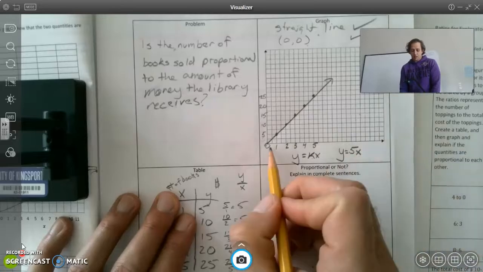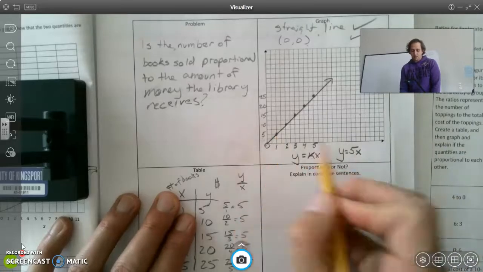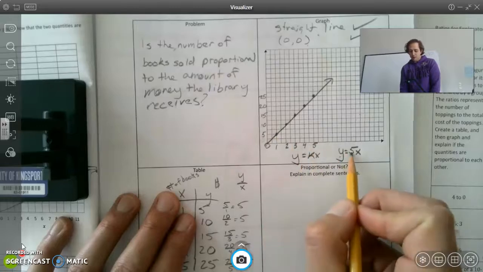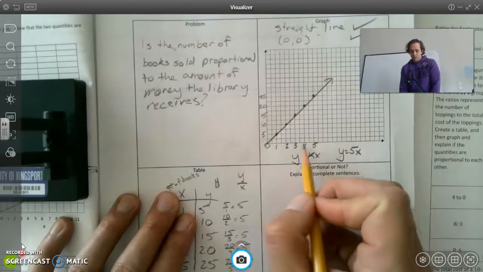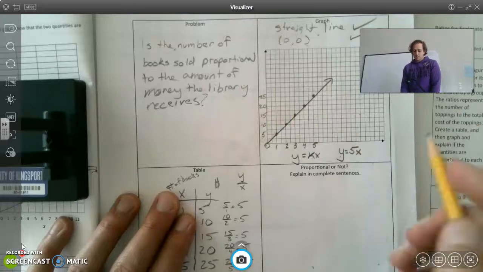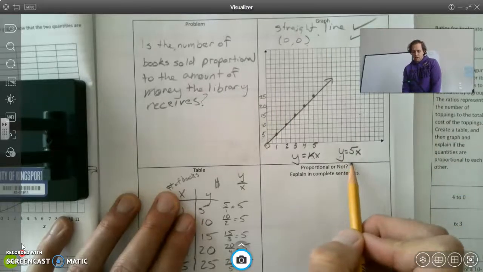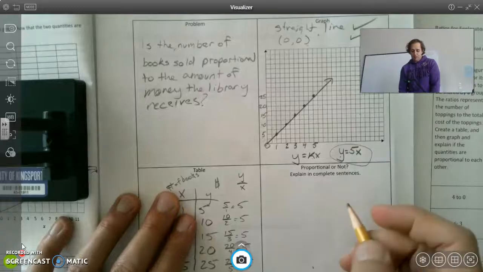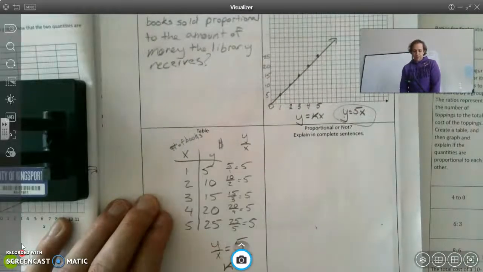And look, if I plug in 1 for x, I get 5. 1 times 5 is 5. What if I plug in 4 for x? 5 times 4 is 20. Y equals 20. It works. This equation plots the points on this line. That works. It also matches our data in our table.